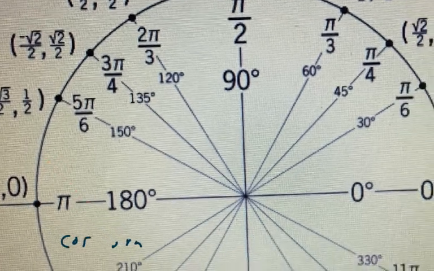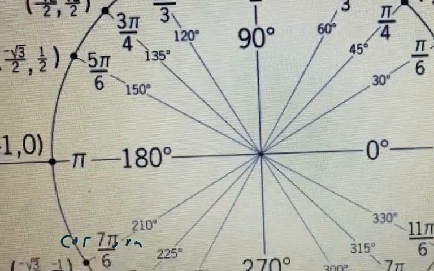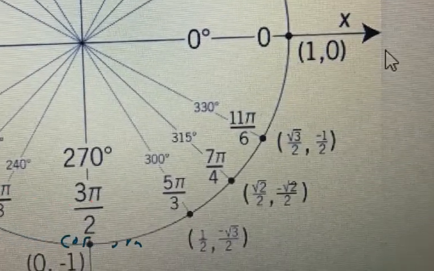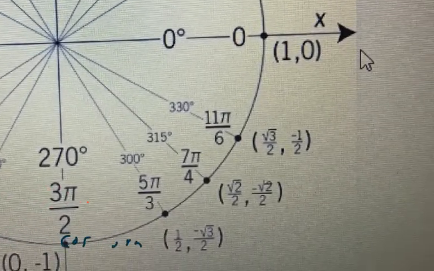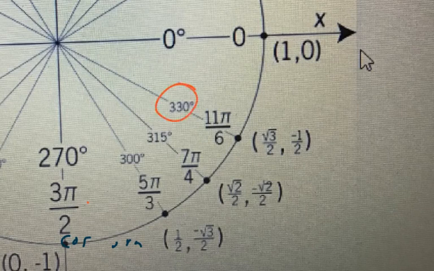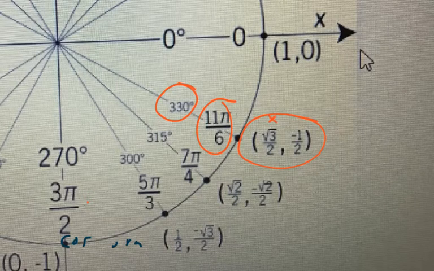Okay, so where is 330? Oh, there it is. Here's 330, which is also 11 pi over 6 in radians, by the way. And here's our answers. Our x, which is our cosine, is square root 3 over 2. Our y, which is our sine of 330 to be exact, is negative 1/2.